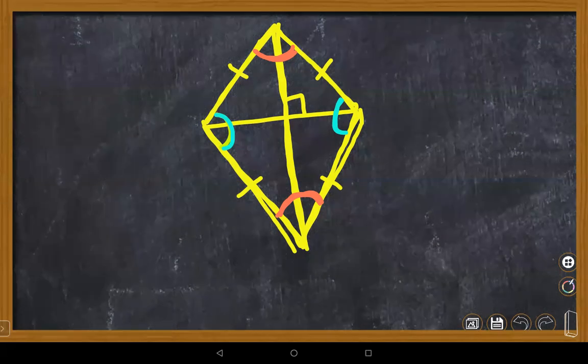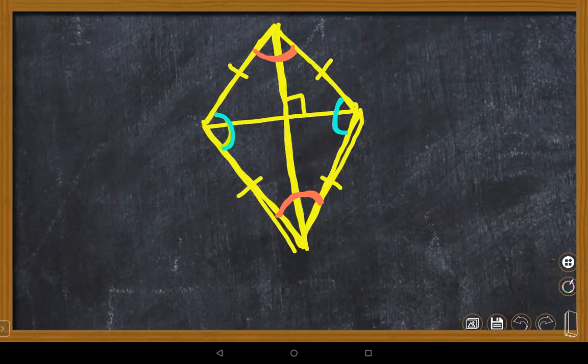Now, any one of you please tell me what a rhombus is. Ma'am, it's like a square-like figure, but different from a square because in a square all sides are equal and the diagonals are also equal. In a rhombus, all sides are equal, but diagonals are not equal.